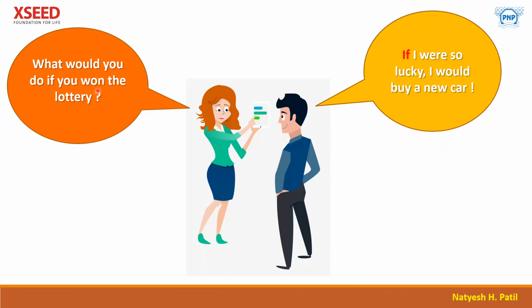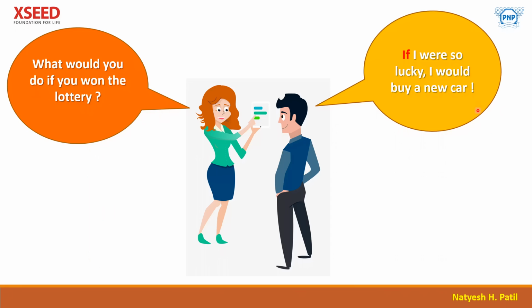The main clause gives the result or outcome. Here, I would buy a new car. So we use conditionals to talk about what could, would, or might happen, or what we wish would happen.